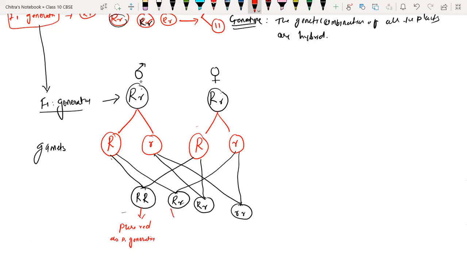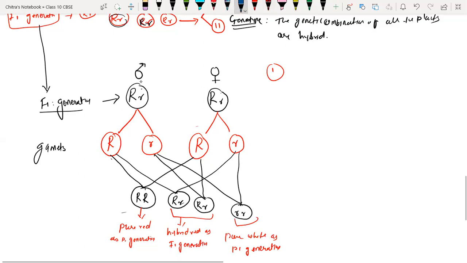These two are hybrid red as in the F1 generation, and that one is pure white as in the P1 generation. Is it or not? Okay, so now we have to write their genotype and phenotype ratio. So first I am writing the phenotypic ratio.